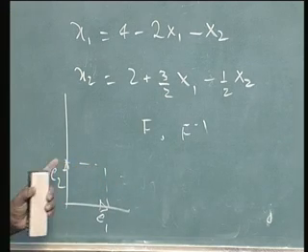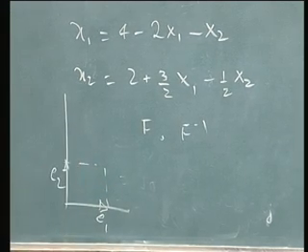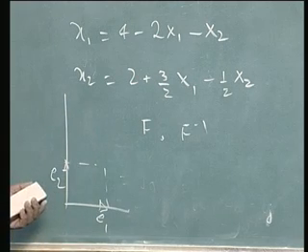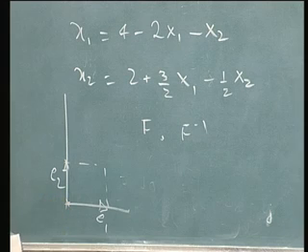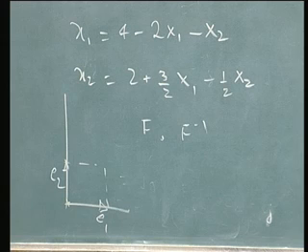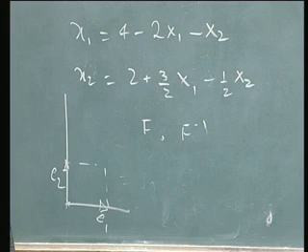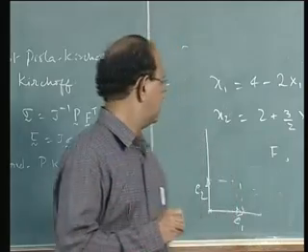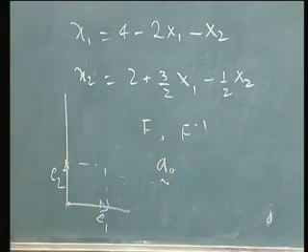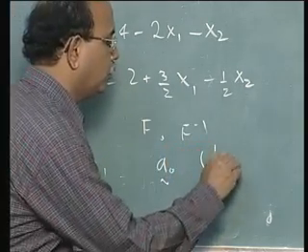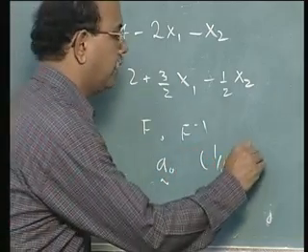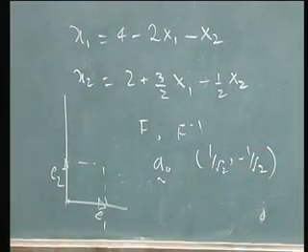In other words, tell me what happens to this square under this deformation. But before you do that, determine the elongation of a material line element, small a0, given by 1 by root 2, comma, minus 1 by root 2.